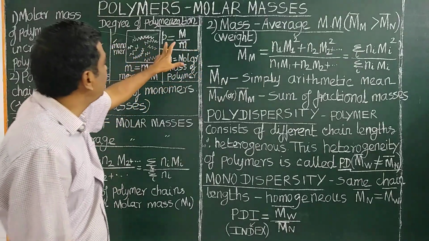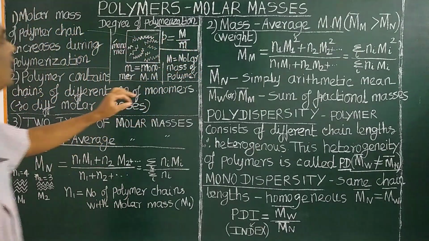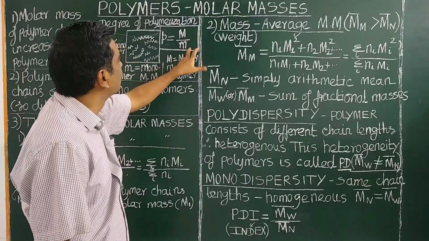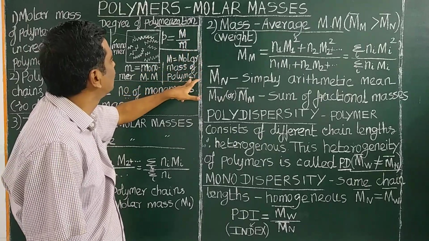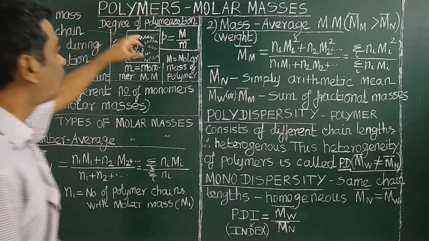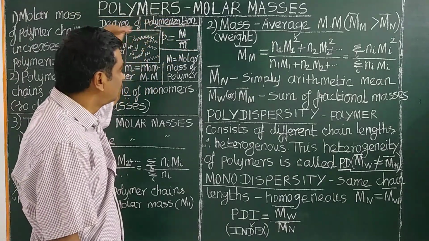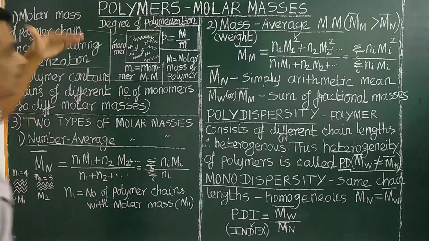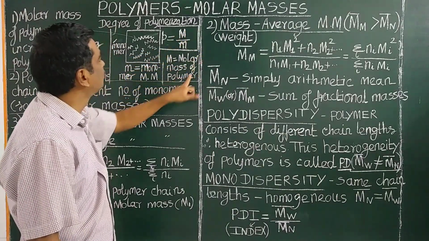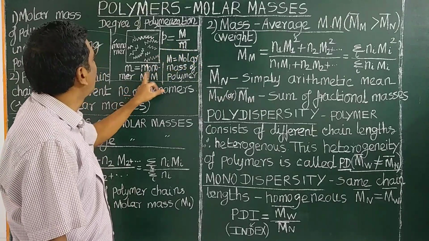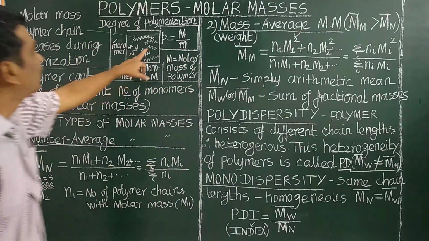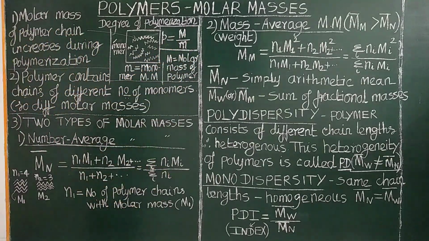Therefore, P, the degree of polymerization, is calculated by using this formula, P equal to M by M, where M is the molar mass of the polymer. Let us take the larger quantity in the numerator. Therefore, molar mass of the polymer divided by molar mass of the monomer. Okay. So P is always greater than 1 in this case.